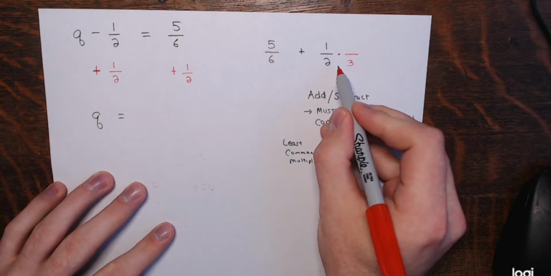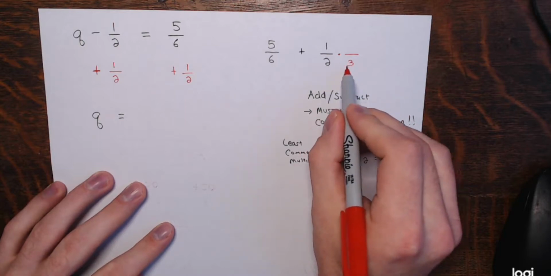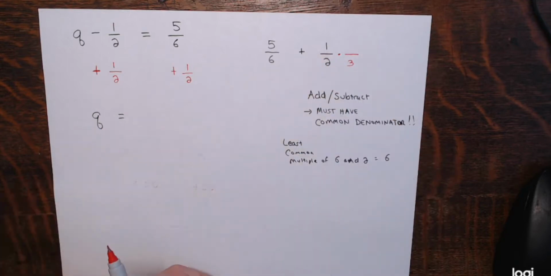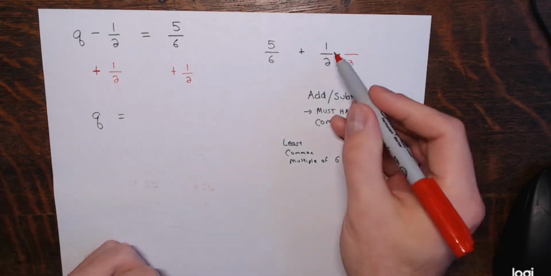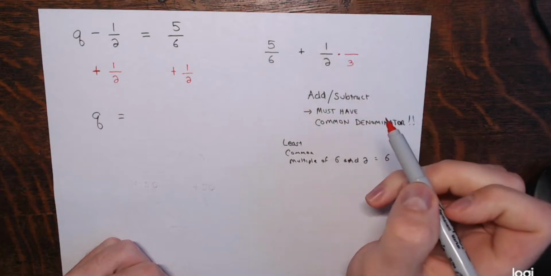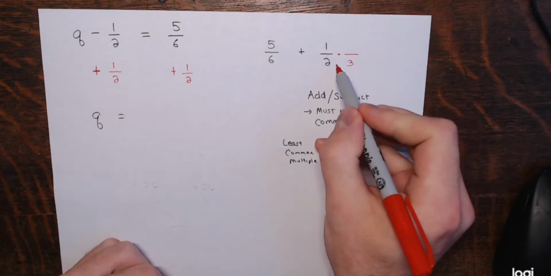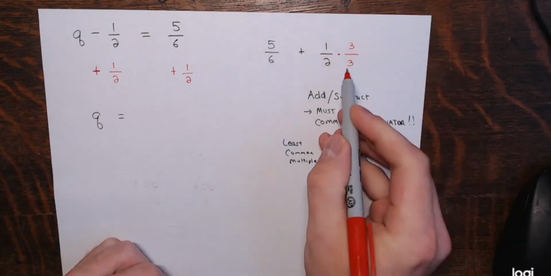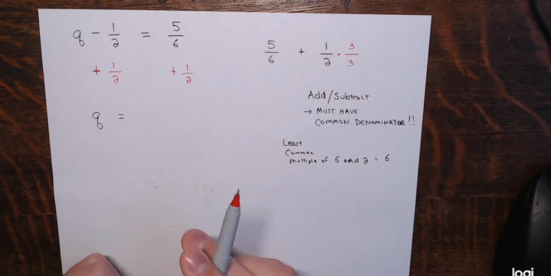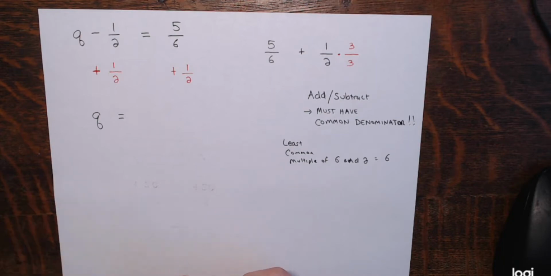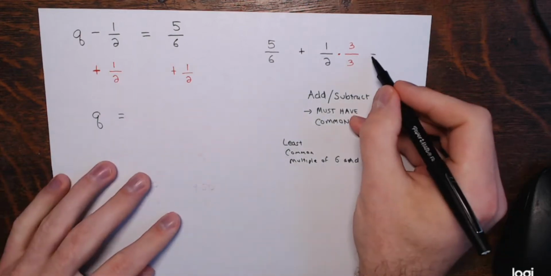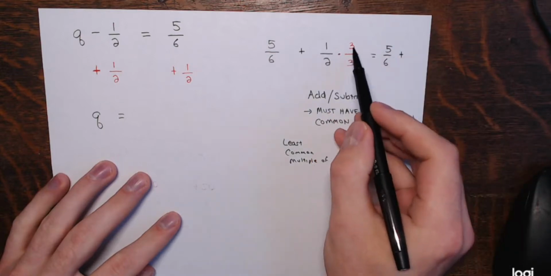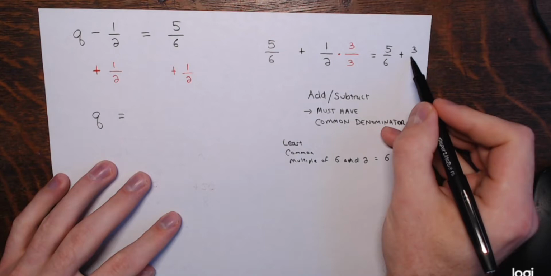Now be careful. Don't just multiply the denominator by 3, because that would be 1 over 6. 1 over 6 is not the same as 1/2. I want the number I'm working with to be the same as 1/2. So you don't just multiply the denominator by something, you also multiply the numerator by that same number. So if I multiply the denominator by 3, I must multiply the numerator by 3. Okay, so now this becomes 5/6 plus, and then 1/2 is the same as 3/6, 1 times 3 over 2 times 3.